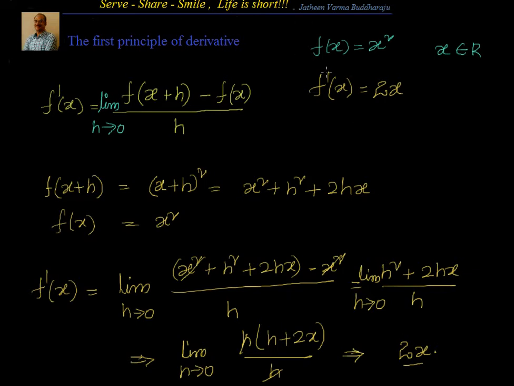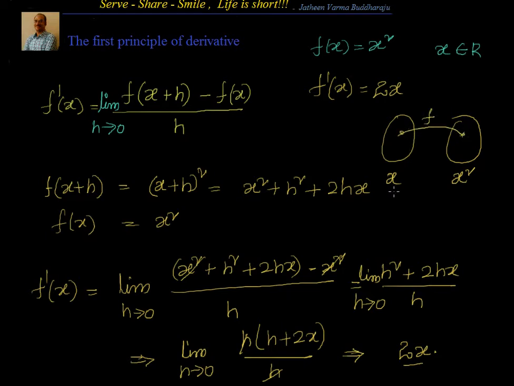Let's do that again. f of x is x square, we want to find out the derivative. So what we are saying is, there is a function, this is the domain where I have the values, that's nothing but x, and the function, if I give x value, the function will give me x square.